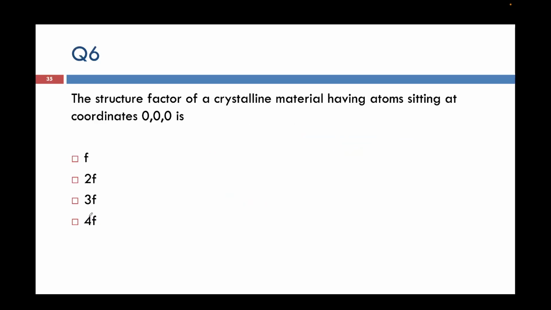Okay, next: the structure factor of a crystalline material having atoms sitting at coordinates 0, 0, 0. Can anyone calculate the structure factor? Yes, sir. Yeah, that's correct.